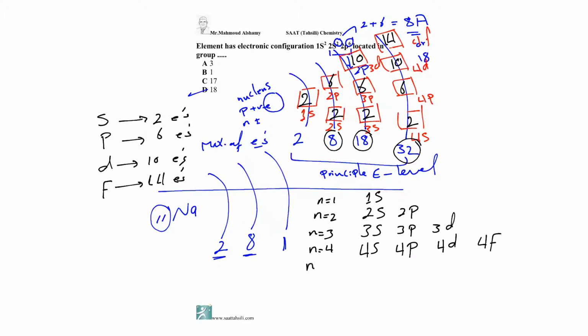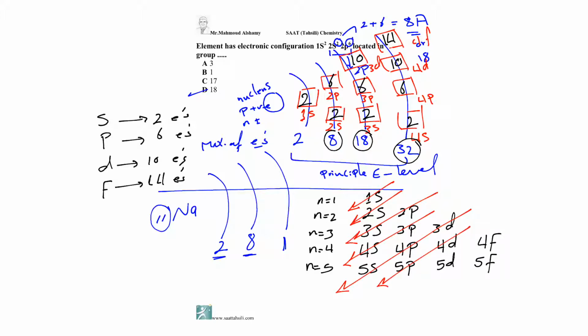Also on the fifth level, we have 5s, 5p, 5d, and then 5f. So let's follow the direction of the arrow. You have to fill the sublevel 1s first, and then 2s, then 2p, 3s, then 3p, 4s, then 3d, 4p, and 5s, then 4d and 5p, then 4f, 5d, and so on. So follow the direction of the arrow.